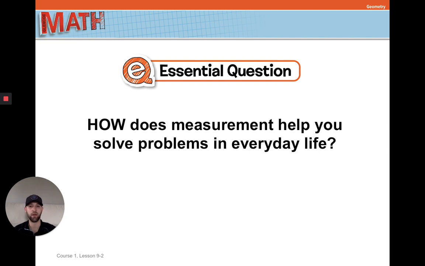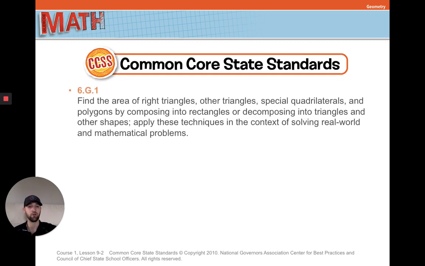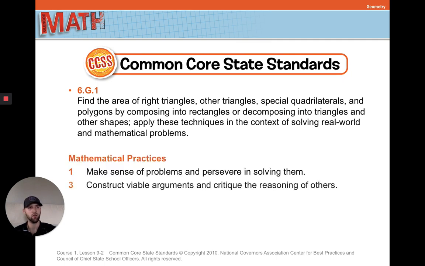All right, again, essential question: how does measurement help you solve problems in everyday life? We're going to figure that out. A couple more answers to that question, hopefully by the end of this lesson. Here is your Common Core State Standard, same idea as last time. We're going to find the area of right triangles, other triangles, special quadrilaterals, and polygons, and we'll get into more of that later on, but right now, parallelograms, and then in this video, triangles.